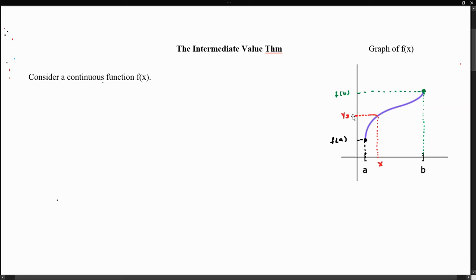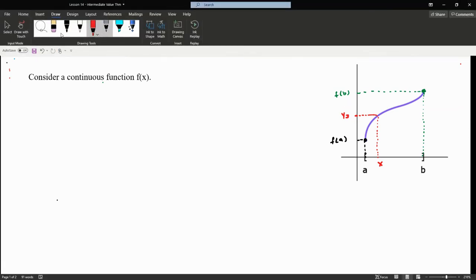That's all the intermediate value theorem is saying. For any continuous function, choose any y value between the two known y's, and I can always find an x value that I can plug into the function to give me that output between f of a and f of b.